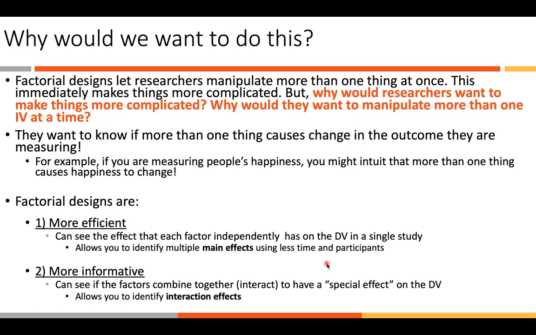So here we're going to talk about this idea of complexity. Why would you want to make things more complicated, right? Complexity is good only to a certain extent. If we had 35 independent variables, there's too much going on, right?